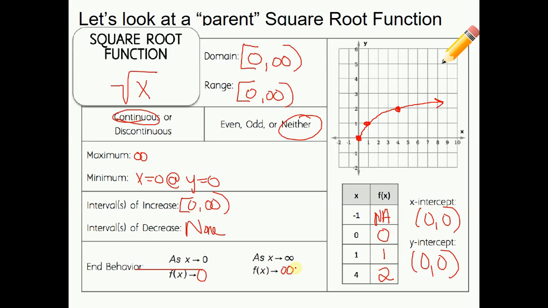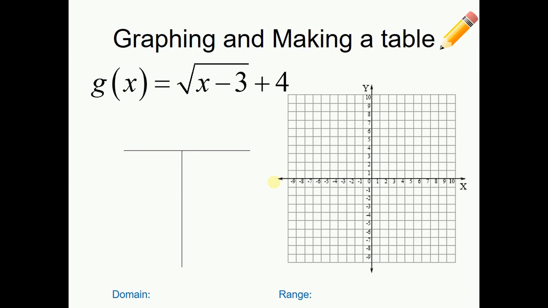So what we're going to want to make sure we know is this root table right here. The parent table is going to be the biggest important thing of this unit. So let's try to graph a square root using our parent table. First of all, I'm going to write down my parent table. -1, 0, 1, and 4. And remember, there was no value here.